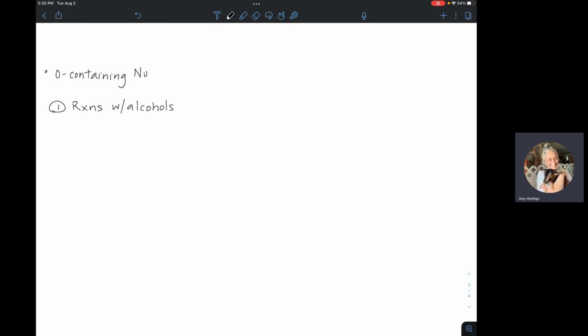Alcohols are kind of crappy nucleophiles, right? They're neutral. So we're going to need to use some kind of a catalyst. And usually we use an acid catalyst for these reactions. I guess you could say that this reaction would go, but it's going to go at the speed of a snail, and all the steps are reversible.